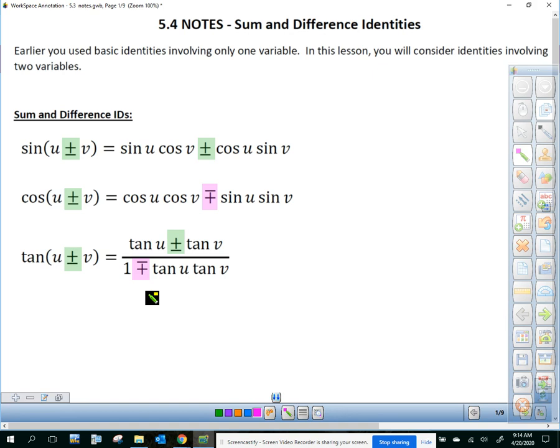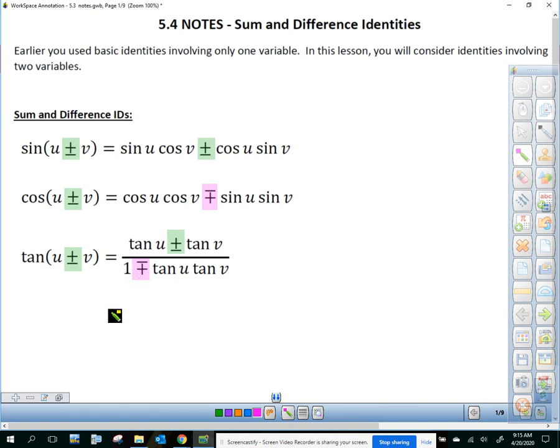So if it was tangent of u plus v, in your numerator you've got tangent and then you've got the plus, because the sign stays the same. And then in the top, you're adding tangent of u and tangent of v, each individual term. And in the denominator, it's the opposite sign, and you're multiplying tangent of u and tangent of v, and either adding or subtracting that from 1.